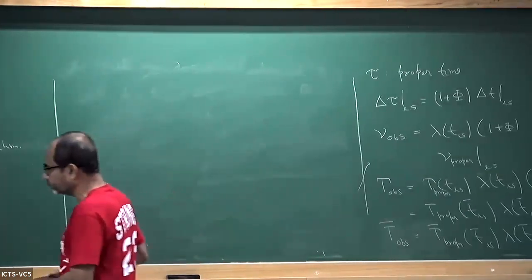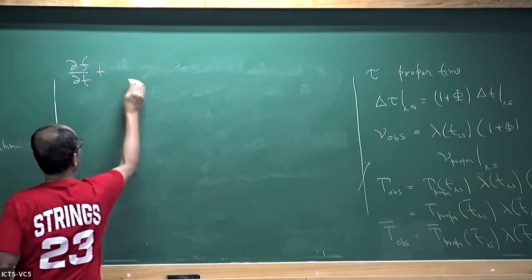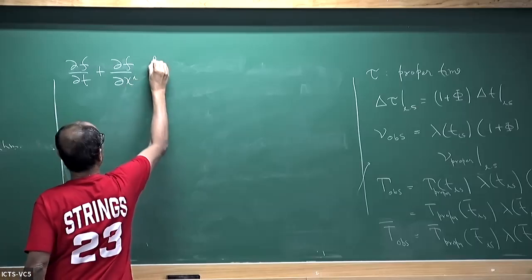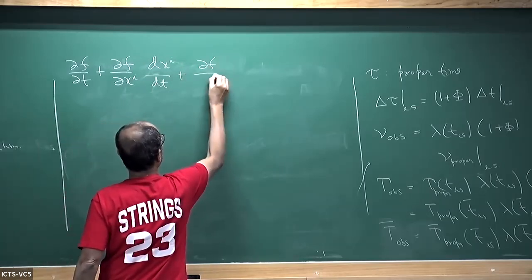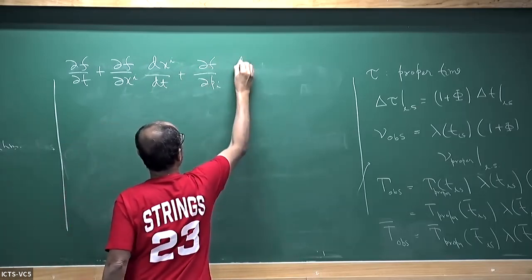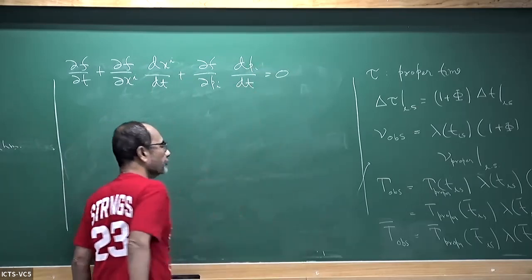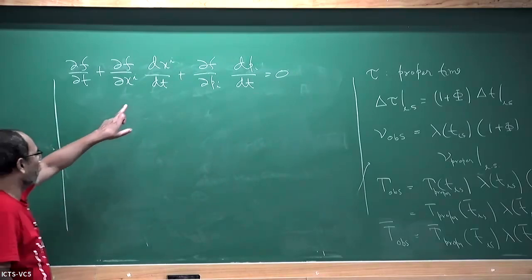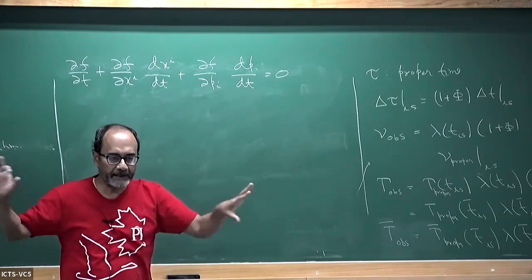So let me write this equation more explicitly. So del f del t. Okay, this is the equation that we are trying to solve. To solve this, you have to first find the photon trajectories. You have to know these in the geometry that you are given.